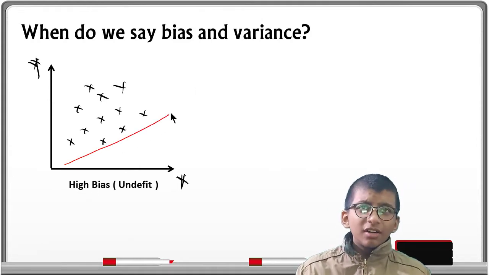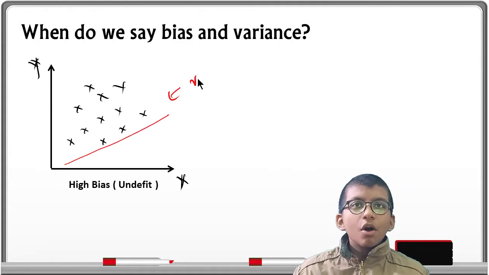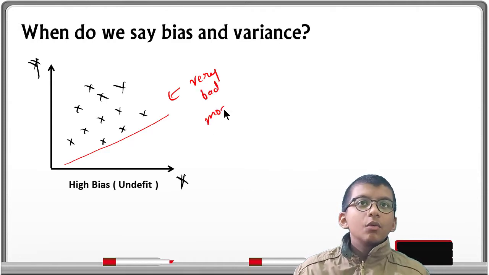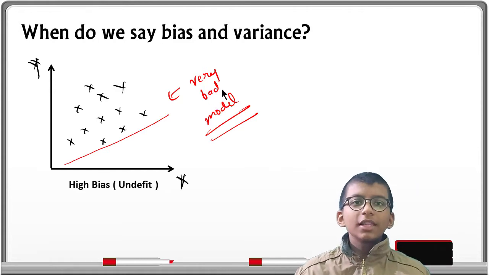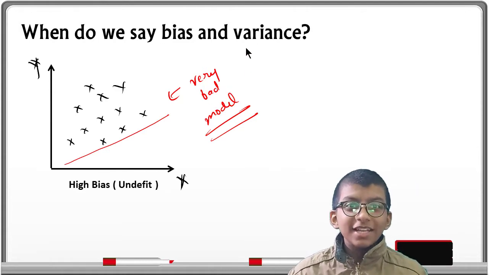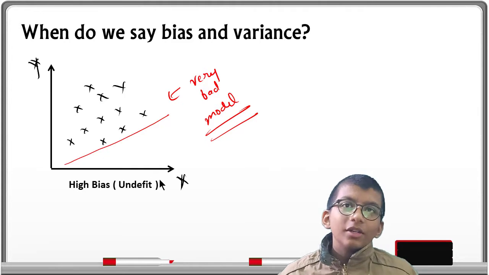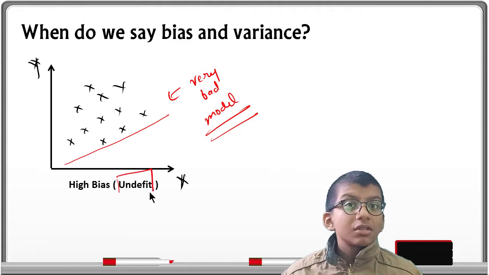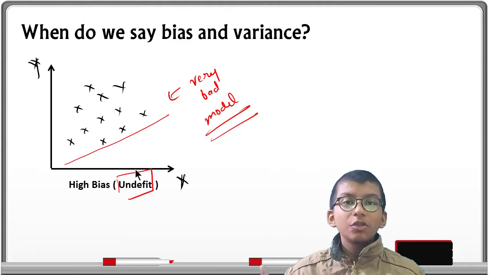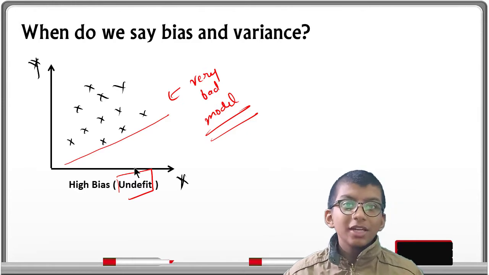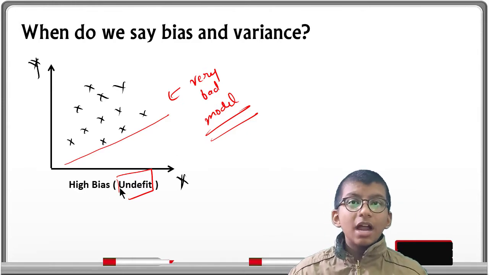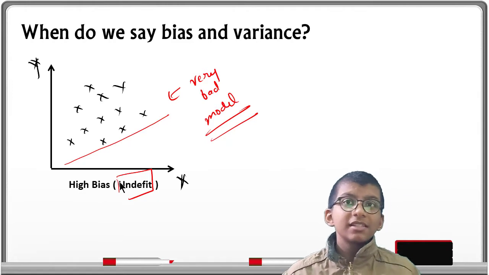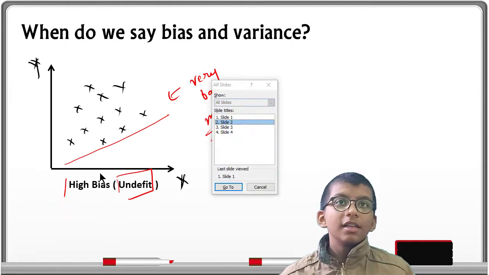This is a very bad model, because it is unable to generalize well on our training data. That's why we call it underfitting. If we say our model is underfitting, we can say that it has high bias.